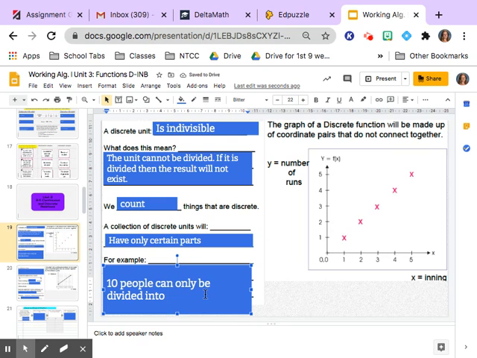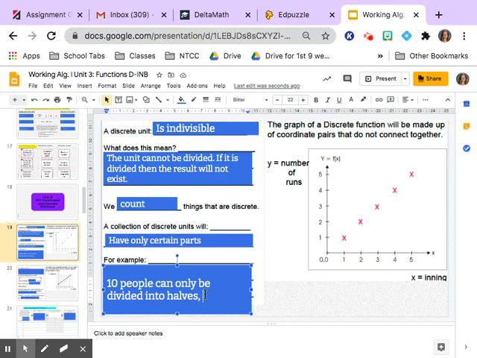If I have 10 people, I'm dividing them into groups. Then I can only divide them into halves. If I do halves, how many would be in each group? 5. Okay. Can I do thirds? No. Can I do 3 groups evenly? No. So there are no thirds.